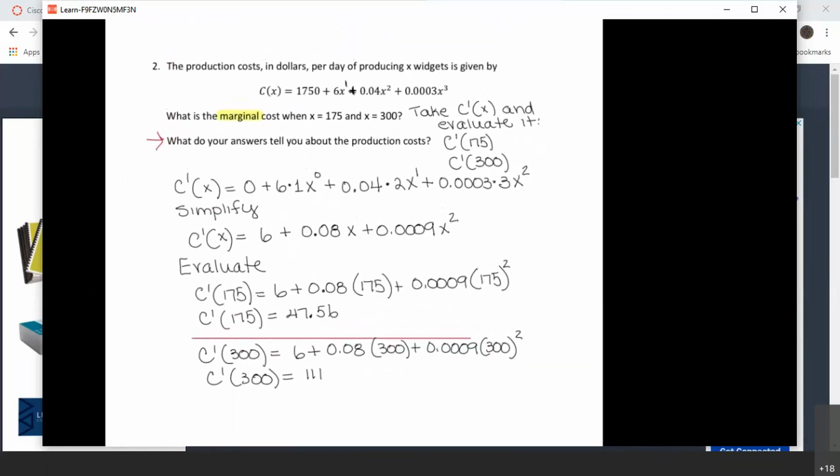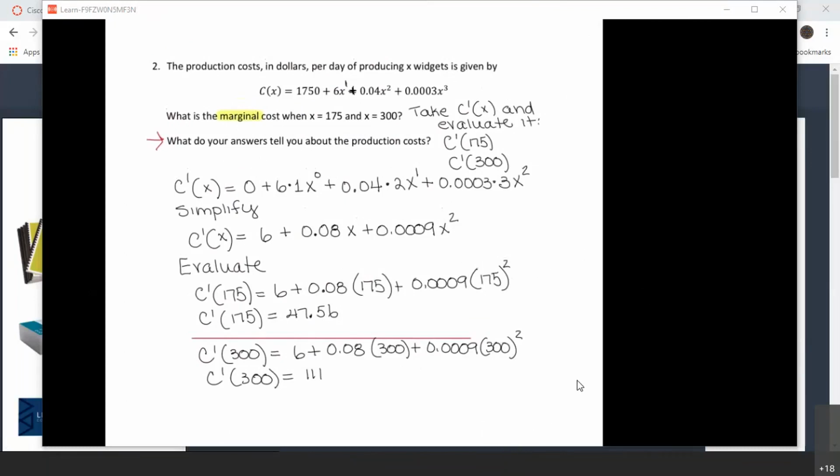Well, let's put some rates in the derivative. The derivative has output units in its numerator. So in this example, what are my output units? What are we measuring our output in?